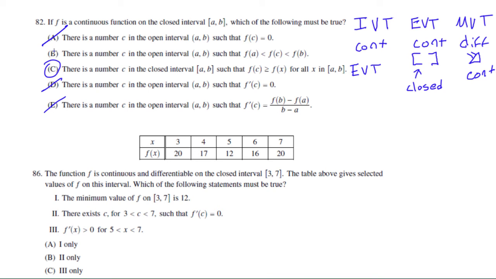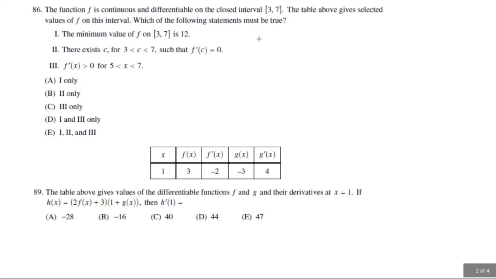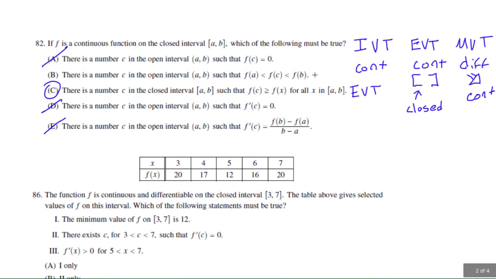What about B? B is wrong because we don't know what f of c is. It could just be a flat line. Exactly. If it had these equal signs, then it would have been correct. But it could be a flat line, which disproves it. If I have a flat line, then they're all equal to each other. There are no equal signs here. That's why B is wrong.